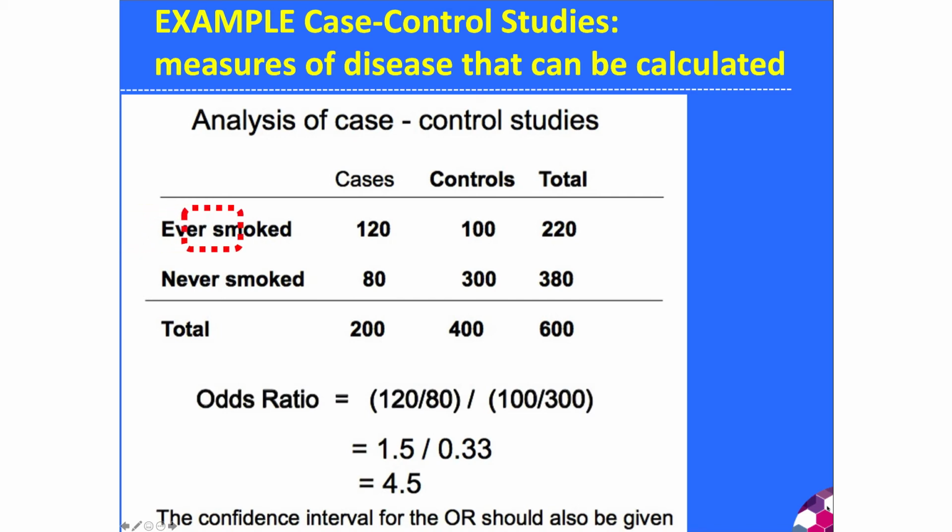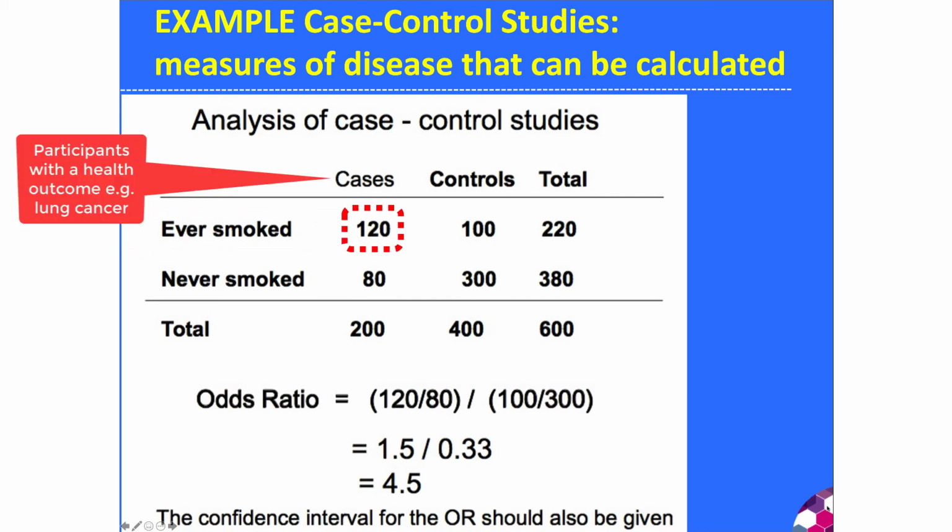What we find is that we have 120 cases, people who have lung cancer, who have smoked at some time, and 80 people who have lung cancer who have never smoked. That gives us the odds for the cases of 120 divided by 80, which is 1.5.